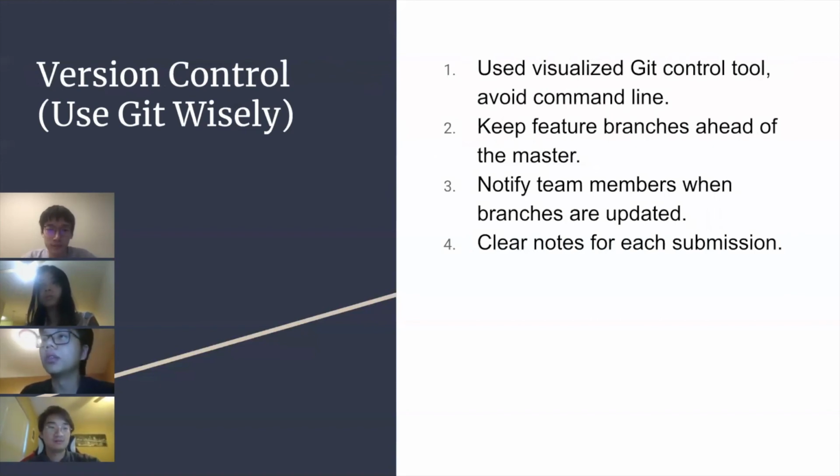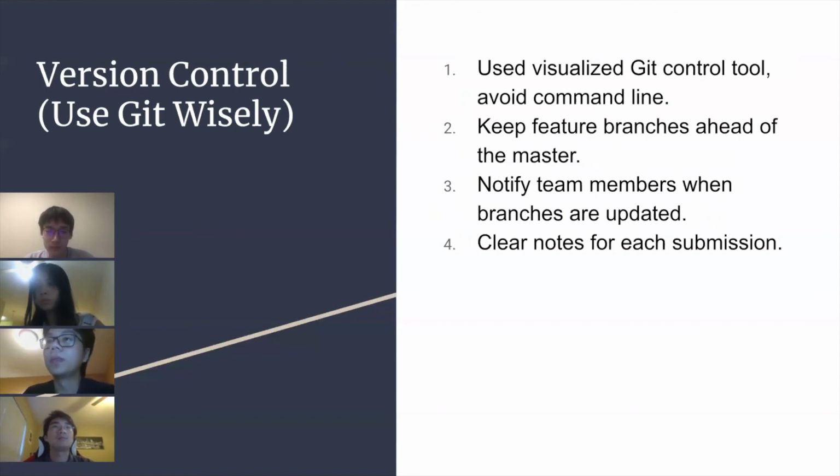And also for version control, we think using a visualized Git control tool is very important, and you should avoid the command line tool, because a visualized Git control tool enables you to see the network graphs and keep track of the work progress easily.